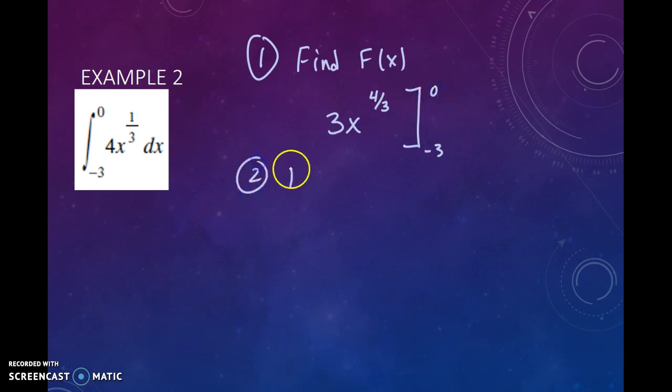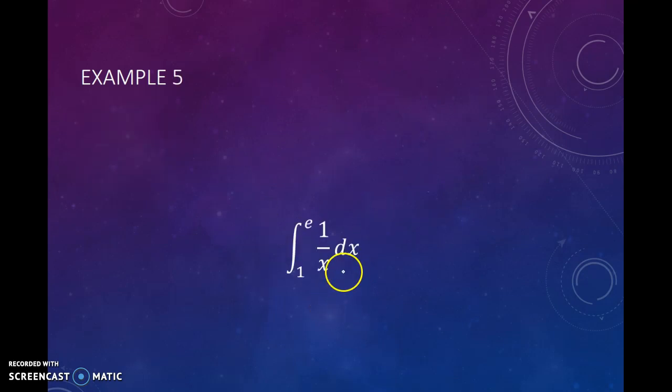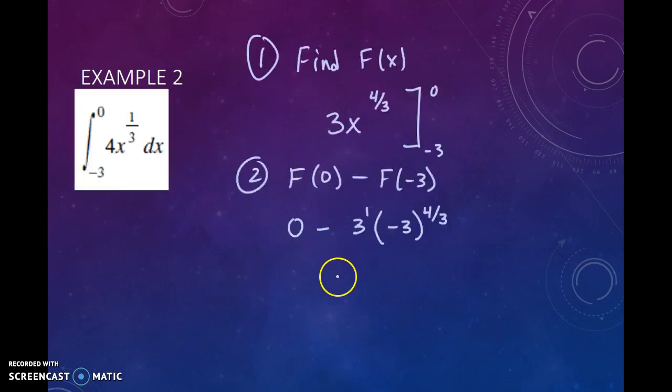So step 2, we're going to find F of 0 minus F of negative 3. So we plug in 0, and we have 0 minus 3 times negative 3 to the 4/3. And that's not really a nice answer. We can add exponents and make it a little bit prettier, but it doesn't really become all that pretty.